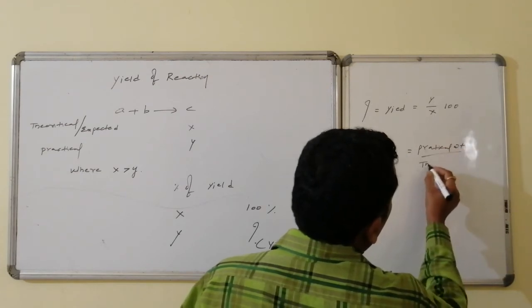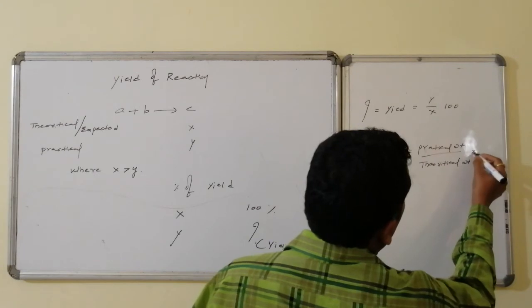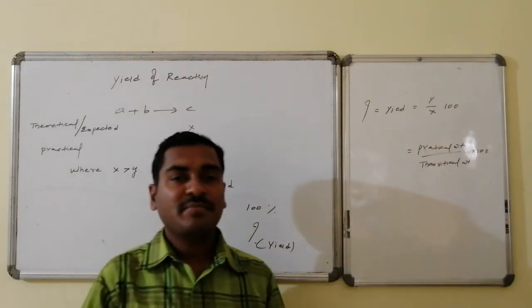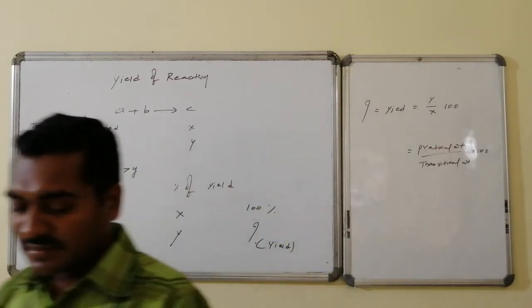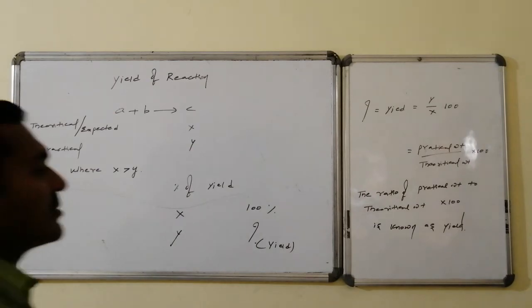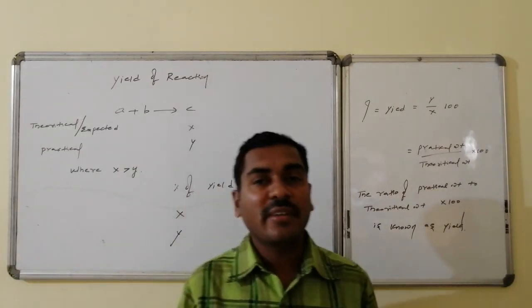Practical weight by theoretical weight into 100 is said to be the percentage of yield of reaction. That is, the ratio of practical weight to theoretical weight of a chemical reaction into 100 is said to be its corresponding yield of reaction.